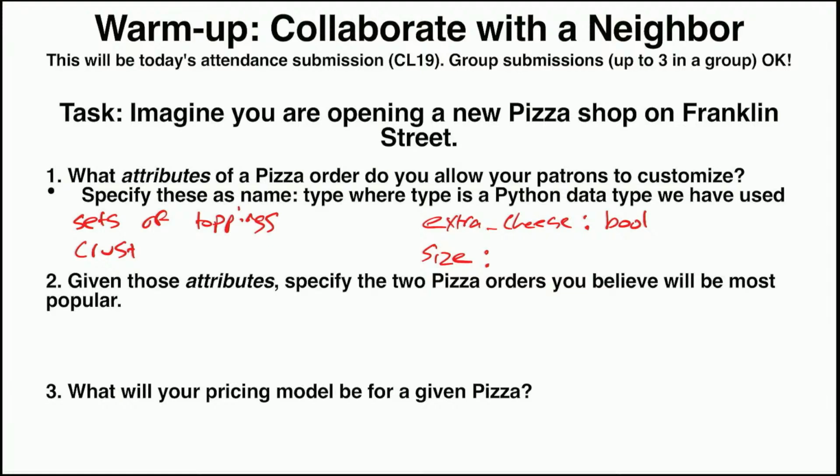Could be str, could be int. So what would a str be? What would an example of a string be? Like large? Large, small, and you can define these sizes. And then an int, what would that represent? Like the inches? The inches of diameter, yeah. And so when we start to talk about today's subject, object-oriented programming, these types of decisions, how do we model some object?